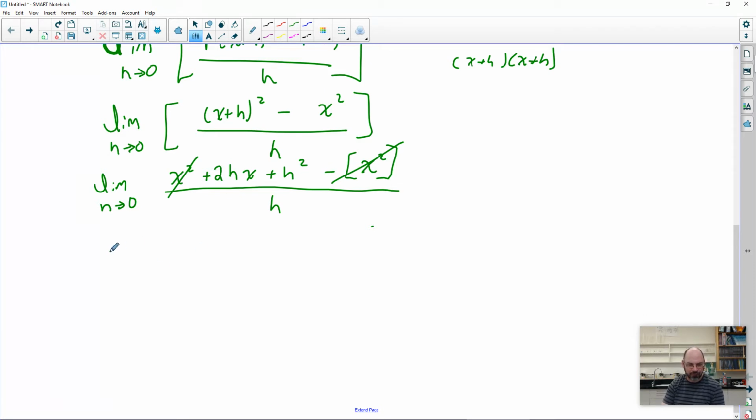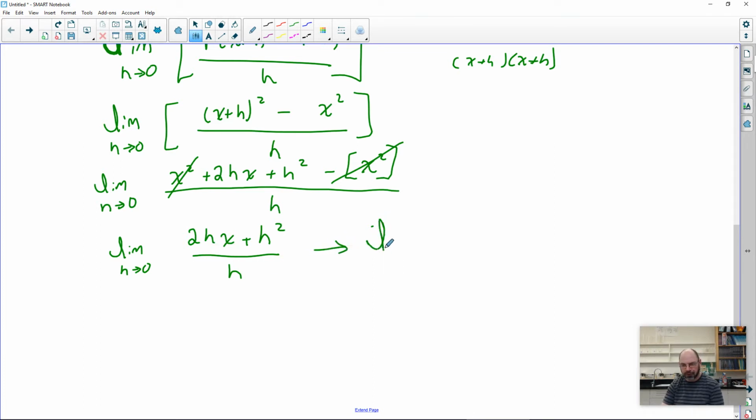So we are left with the limit as h approaches 0 of 2hx plus h squared over h. Now, when we're getting limits, we're going to have to try and cancel out these h's, so we can take a common factor out.